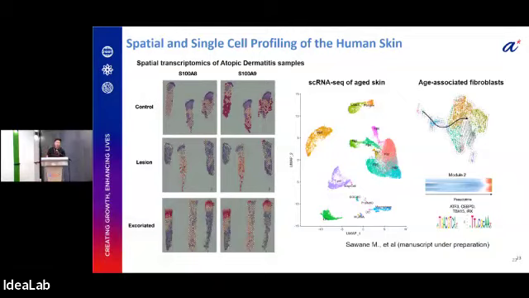When you look at single-cell RNA sequencing, one thing that really pops out is how heterogeneous your fibroblasts are. I think this is one of the key aspects of the skin: the abundance and heterogeneity of the fibroblasts. In fact, this fibroblast 2 at the bottom right is age-associated. You only see that cluster enriched in aged skin, and it's relatively absent in the young skin.